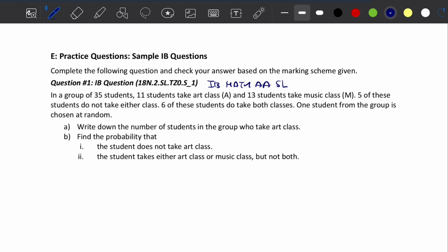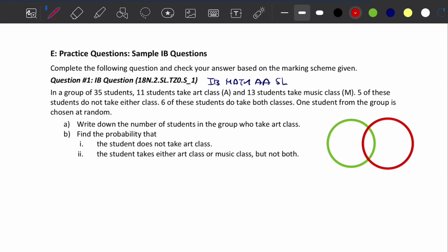So let's start with the Venn diagram for this case. We have a total of 35 students, and 11 take art class A and 13 students take music class M, and 6 of them take both classes, right?